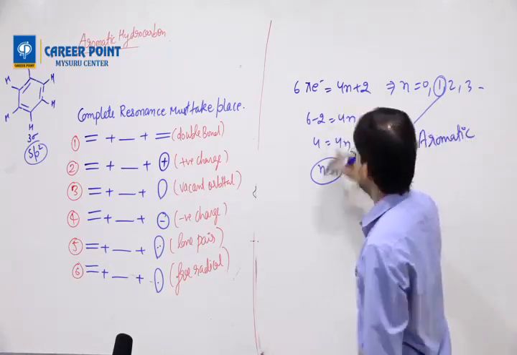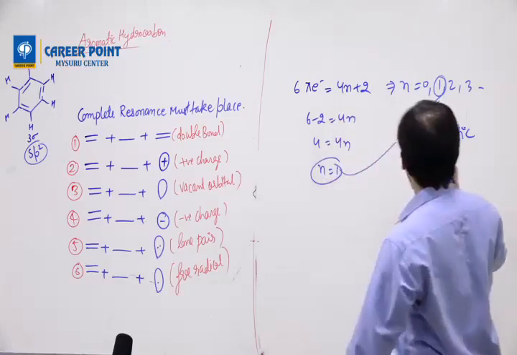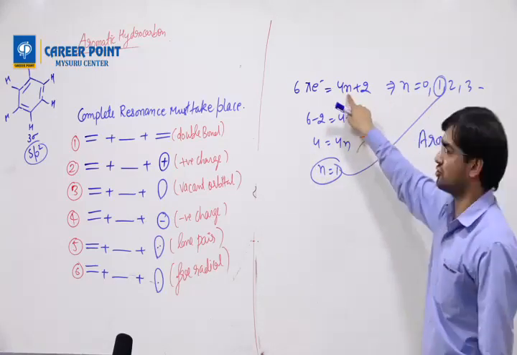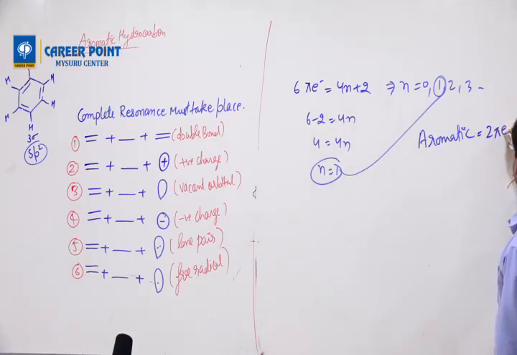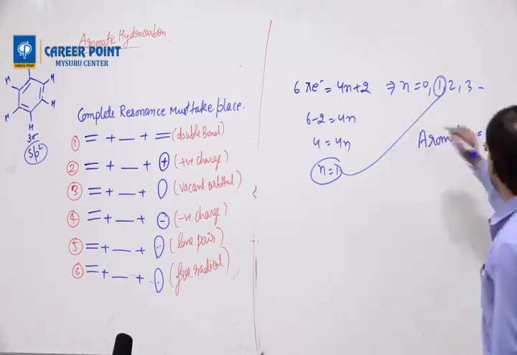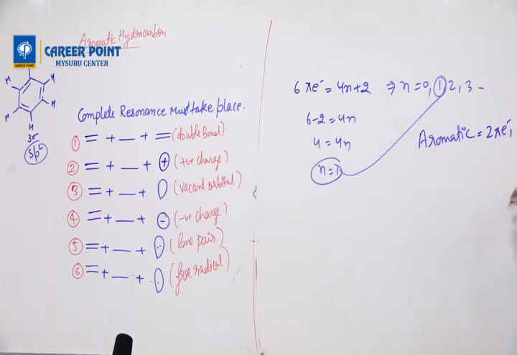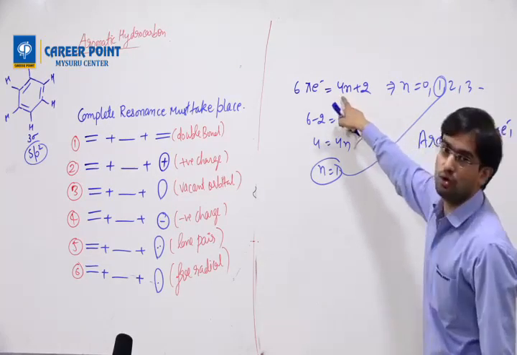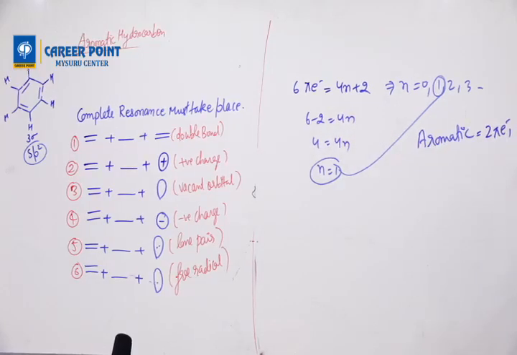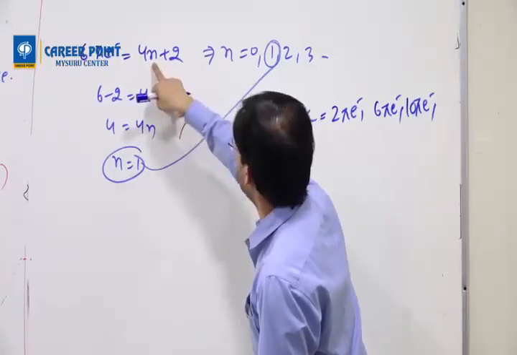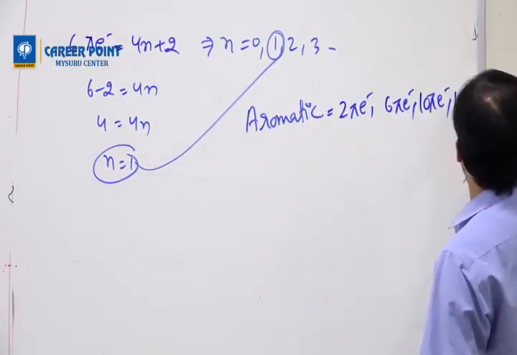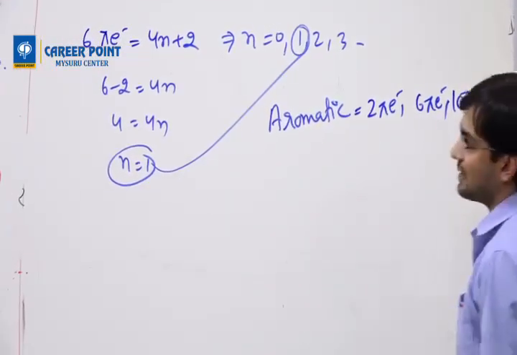Each time we will not solve this; we will memorize by putting n equals 0, which gives 2 pi electrons, aromatic. Putting 1 gives 6 pi electrons. Putting 2, 4 twos are 8 plus 2, 10 pi electrons. Putting 3, 3 fours are 12 plus 2, 14 pi electrons.